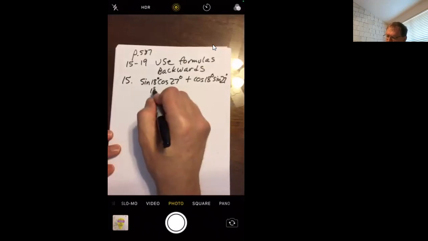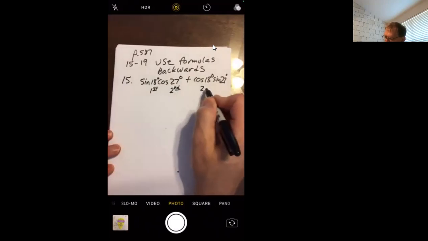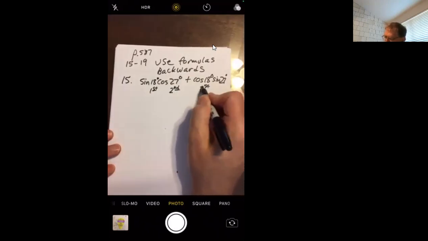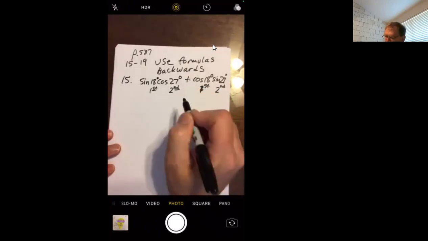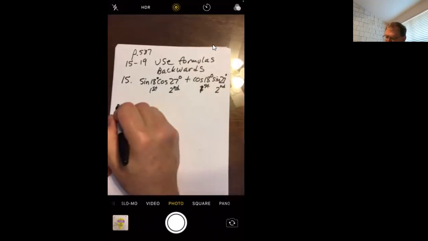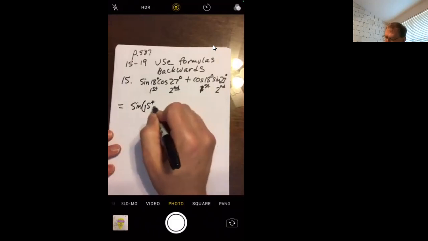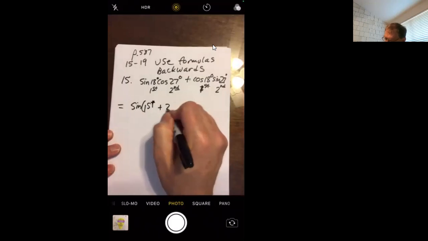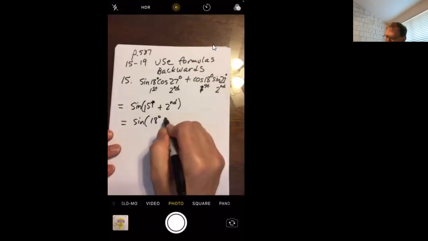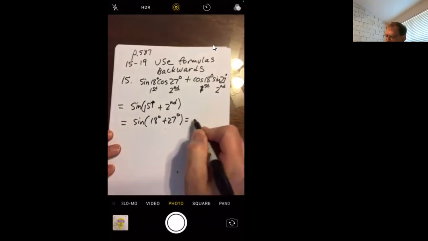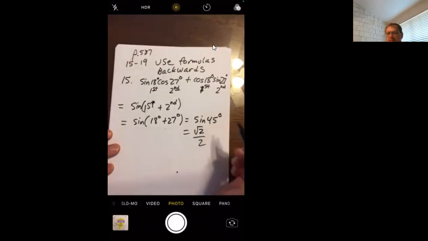You see, this is like your first, this is like your second. So this is cosine first and sine second. See, that pattern matches with a plus sign there, sine, cosine matches a sine for us. So this is equal to a sine of first plus second, which is equal to a sine of 18 degrees add 27 degrees, which I think you'll find is a sine of 45 degrees, which is square root of 2 divided by 2.